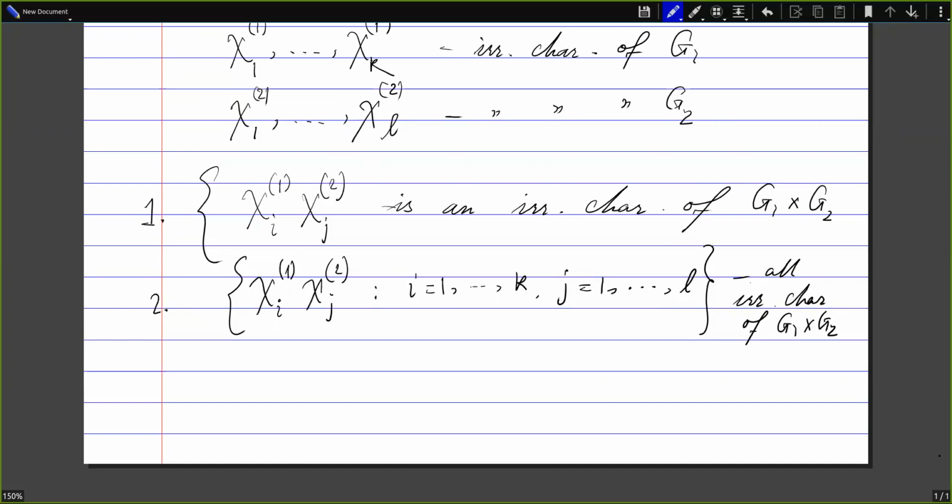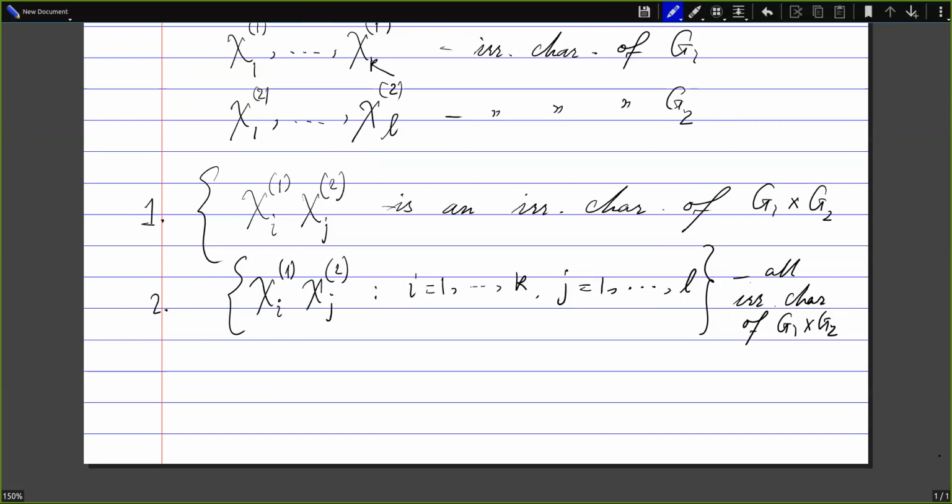Now, since you know all the irreducible representations of the direct product and their characters, you can proceed to decompose any representation of G1 direct product G2. Okay, so let's prove these two statements one by one.